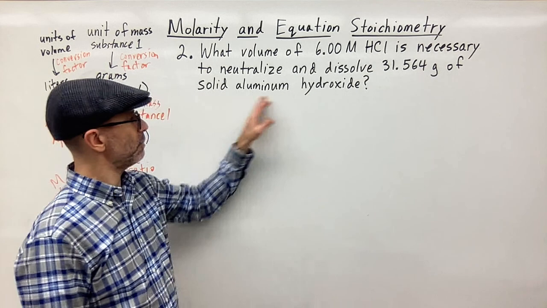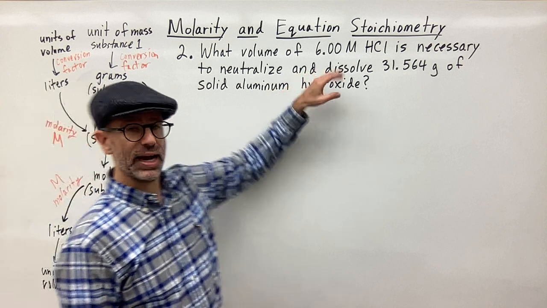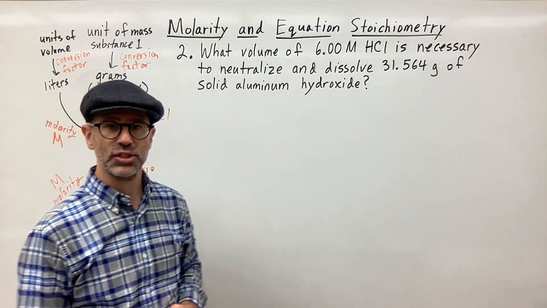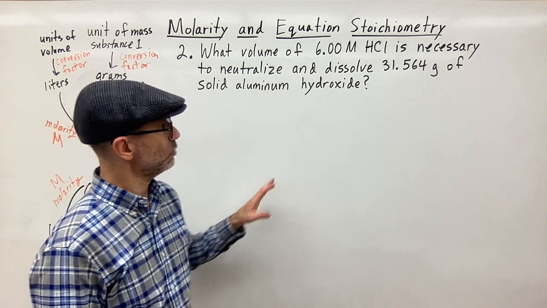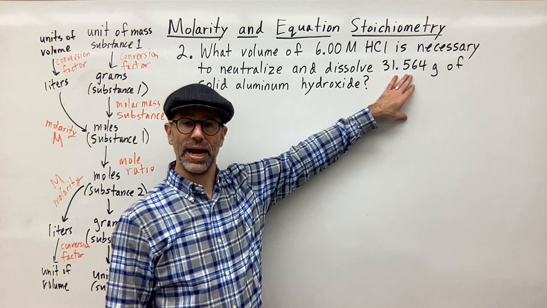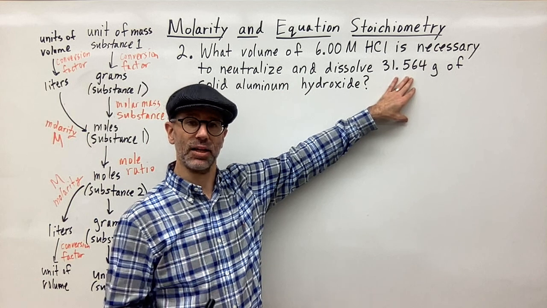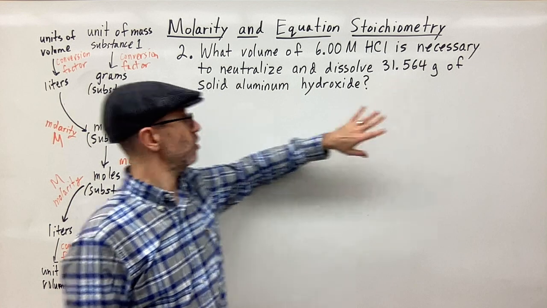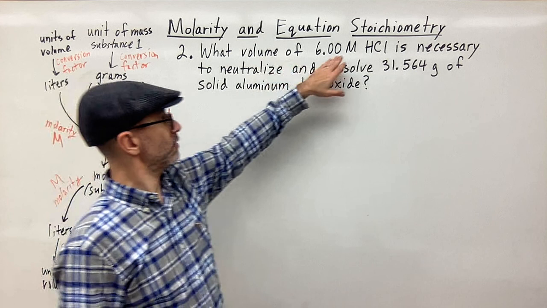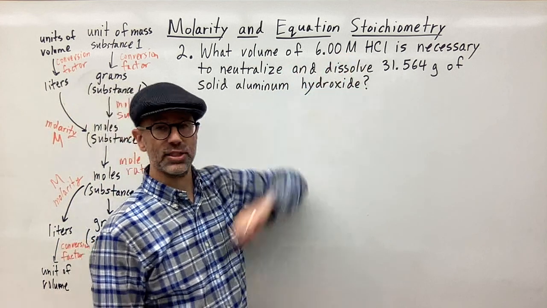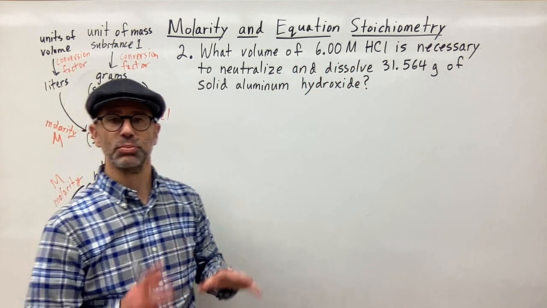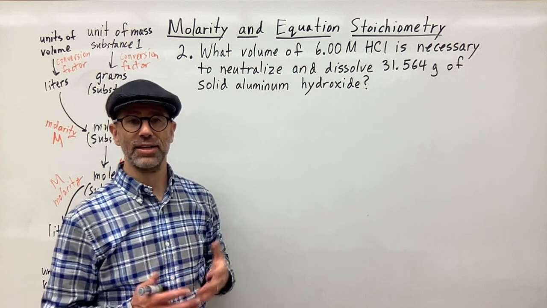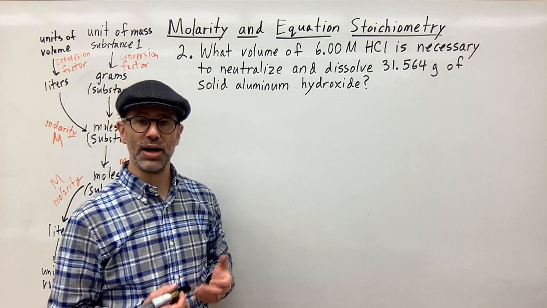Here we have a base and an acid. It's an acid-base neutralization reaction. We're given the mass of a solid, and we want to know what volume of this molar HCl is needed to dissolve completely that mass of our aluminum hydroxide.